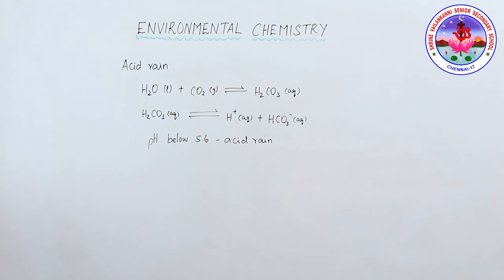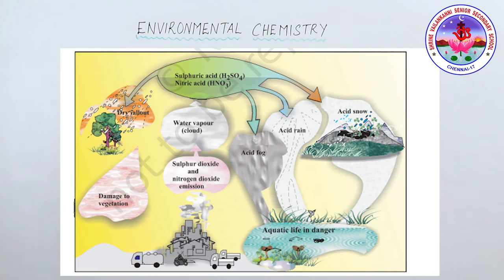Next, acid rain refers to the ways in which acid from the atmosphere is deposited on the earth's surface. Now we'll see the diagram. You can see the acid deposition, the sulfuric acid and nitric acid, and how they form dry fallout damaging vegetation, then acid fog, acid rain and acid snow endangering aquatic life.